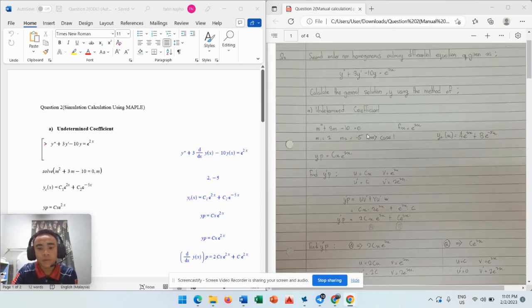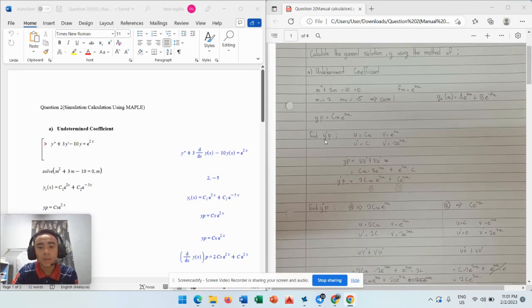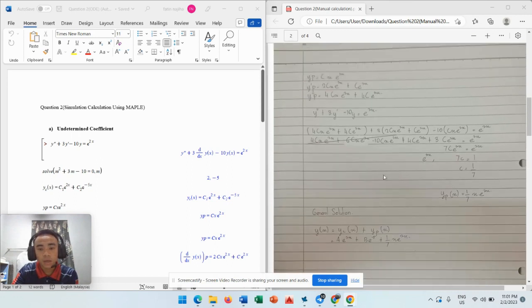Okay, after we find yp, y prime p, and y double prime p, we need to substitute this to the solution.